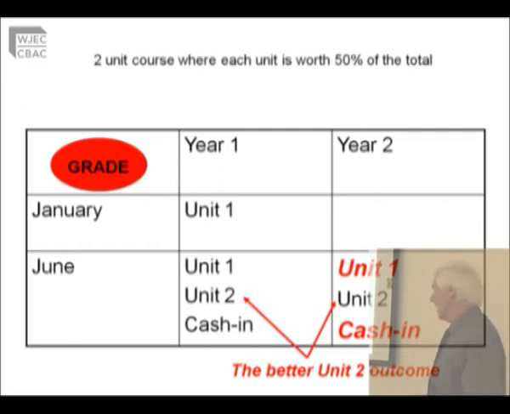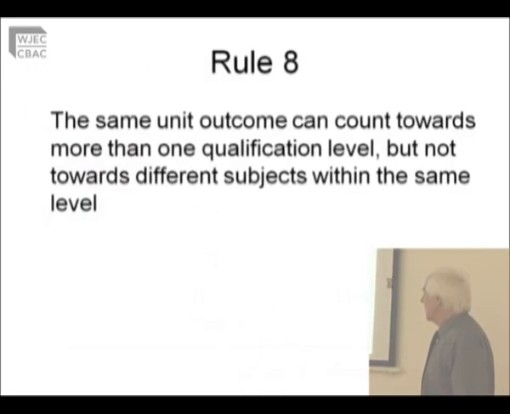A few last odds and ends associated with the rule. The same unit outcome can count towards more than one qualification level. In other words, if you've got a short course and a full course, you can count a unit outcome towards the short course, and that same unit outcome can count towards the full course, or a single course and a double course.